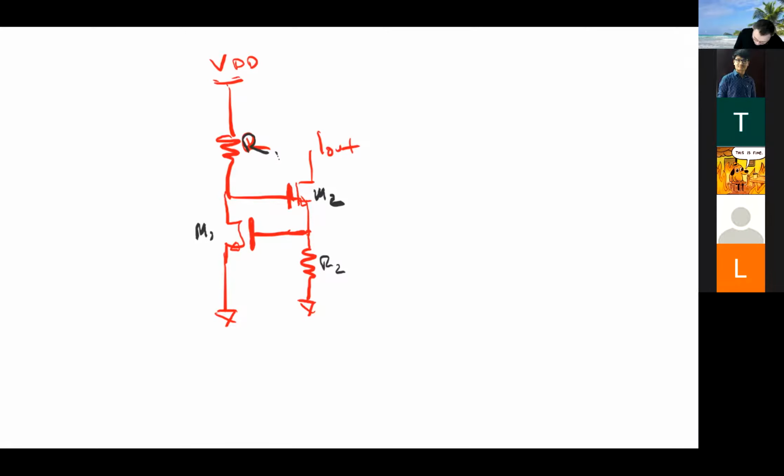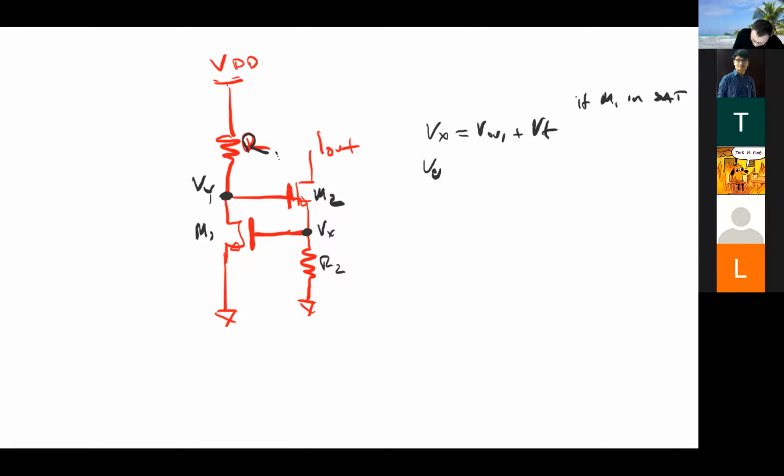We know that this node right here, I'm going to call Vx. Vx is equal to VOV1 plus VT, assuming that M1 is in saturation. Let's call this node Vy.